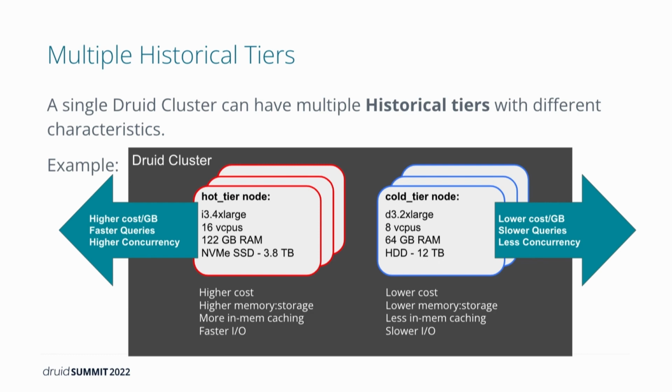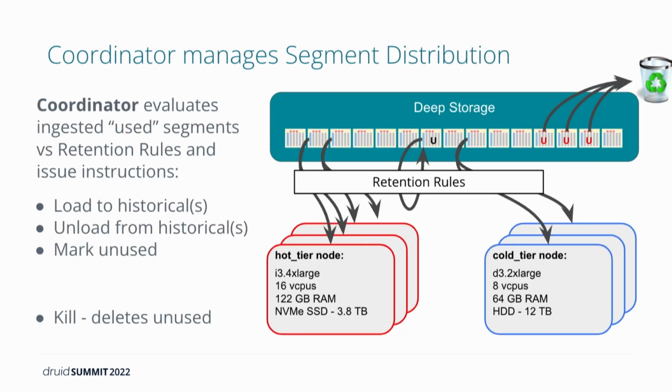So the idea of defining multiple tiers is finding this cost efficiency given your workloads and given the temperature of the data, how much each of those data sets is queried and what the SLAs are on those. So this allows you to fine-tune that across multiple servers. Once you have these tiers defined, the coordinator is the process that manages the segment distribution.